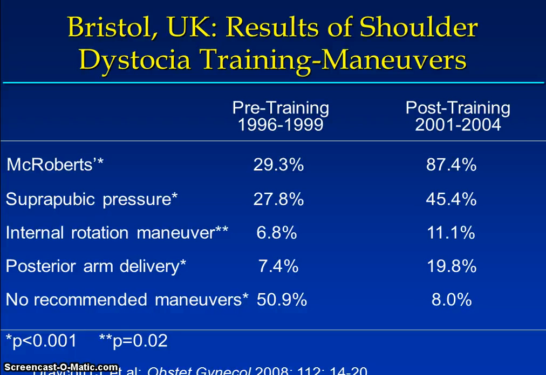But as the training had occurred, you can see in the far right column that the use of maneuvers that we utilize and others utilize, such as McRoberts, suprapubic, internal rotations, posterior arm delivery, clearly increased in utilization after the training episodes had occurred.